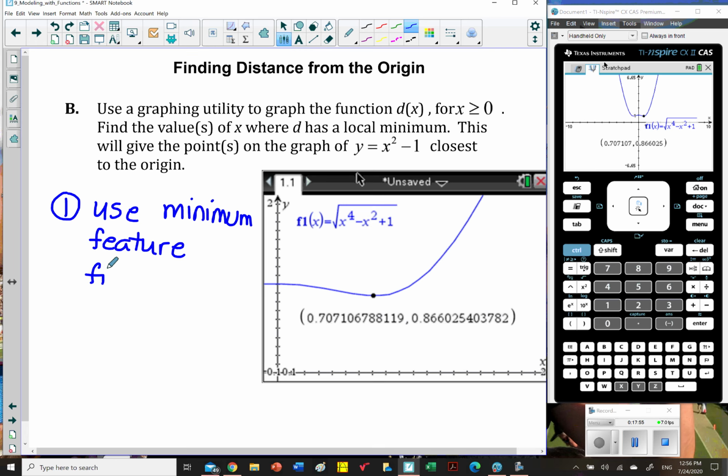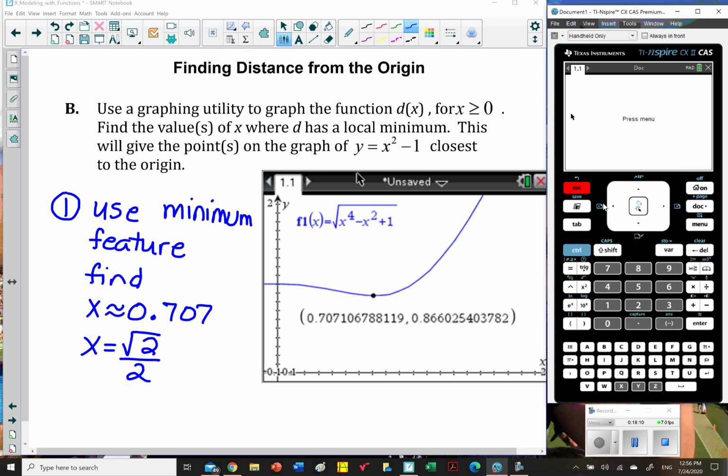It helped me to find that my x value is about 0.707. But like I said, I know that that's the square root of 2 divided by 2. Let me just verify that for you. Square root of 2 divided by 2 is that value 0.707 on our graph, see?